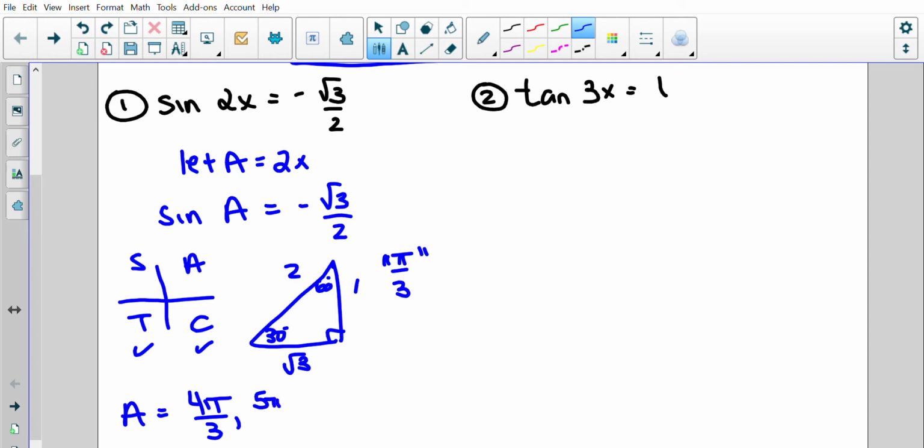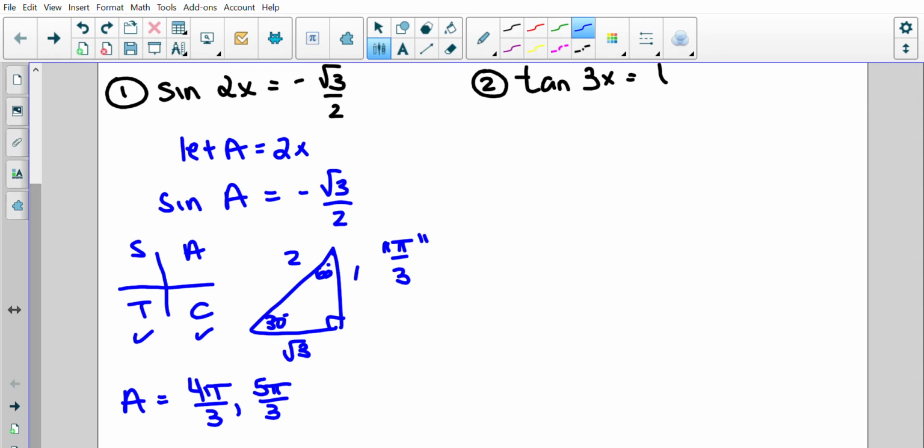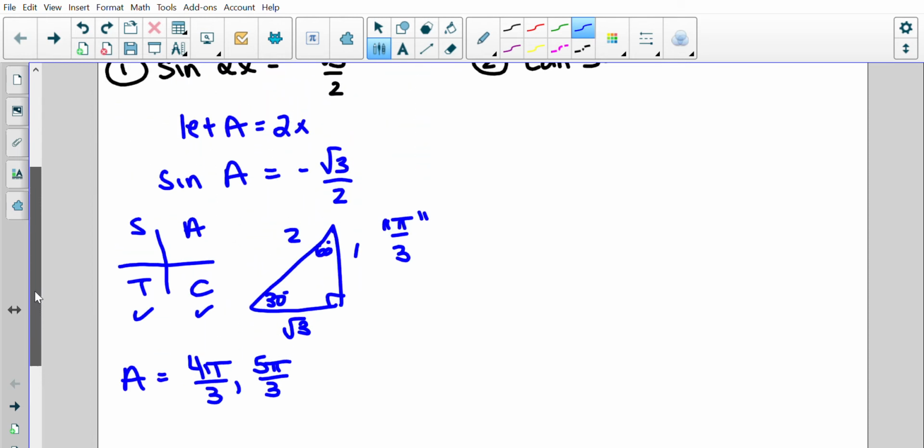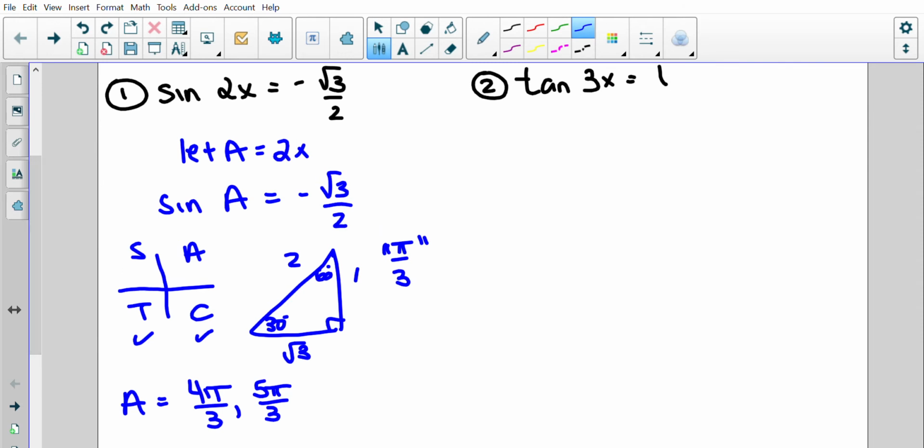But what we need to understand about that is that right now, that's just one rotation of the circle. When you have a coefficient in front of the angle here, so like 2x, or in the next example we're going to do 3x, that number represents the number of times we spun around the circle.